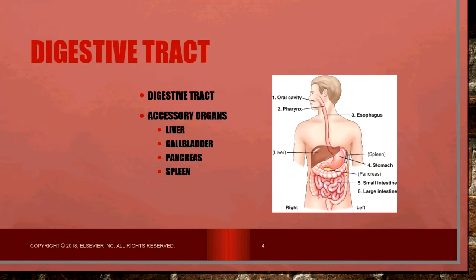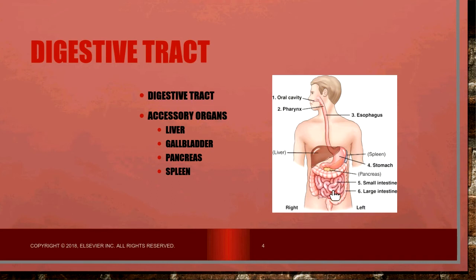You have the oral cavity, which is in the mouth, and the pharynx, which can hold both food and air, because remember the pharynx has three parts: the nasopharynx, oropharynx, and laryngopharynx. That leads us to the esophagus, which carries the food from the oral cavity down to the stomach, which is our fourth region. Then we have the small intestine, which is made up of three parts, and the large intestine, which is multiple parts.